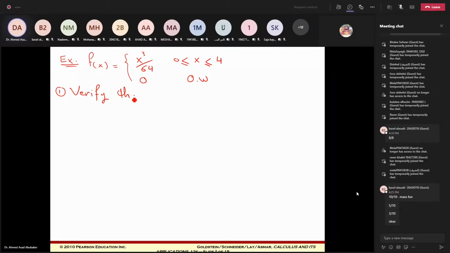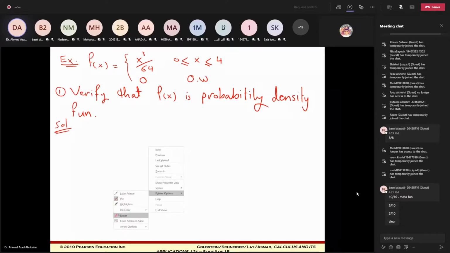that f of x is a probability density function. To show that this is a density function, we have two conditions.